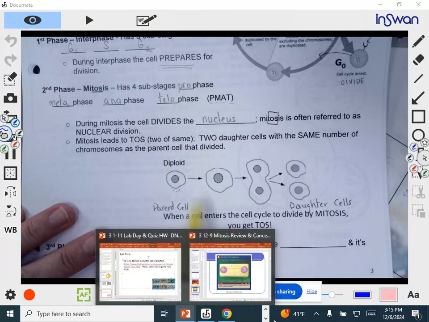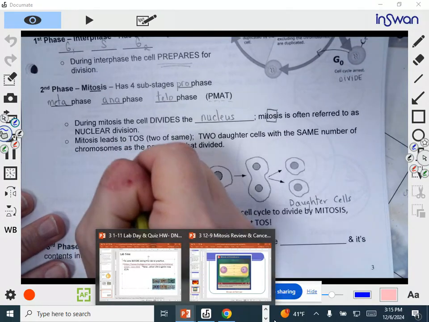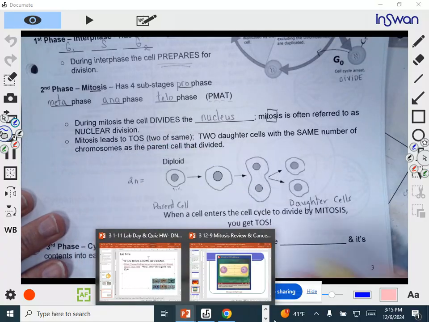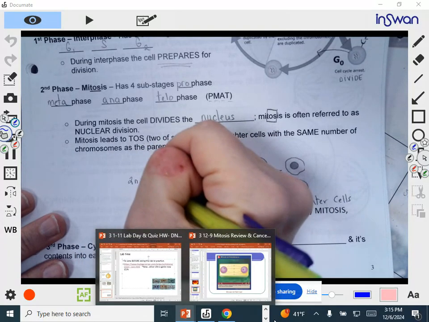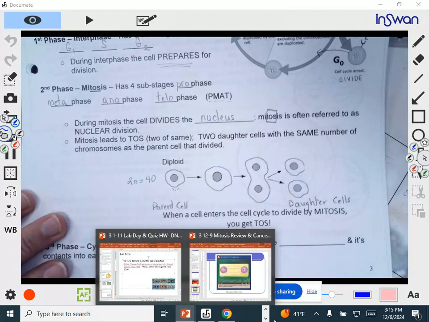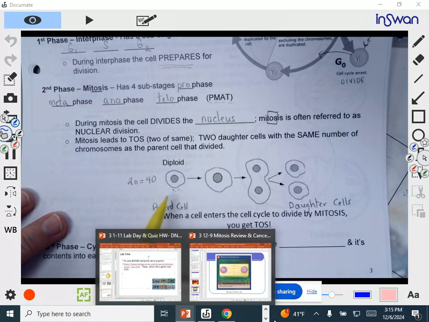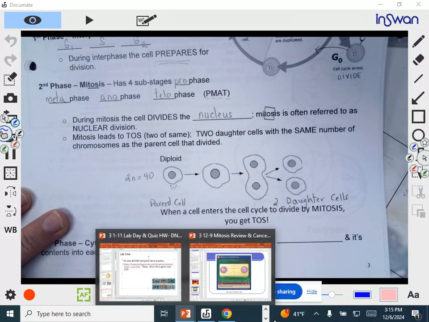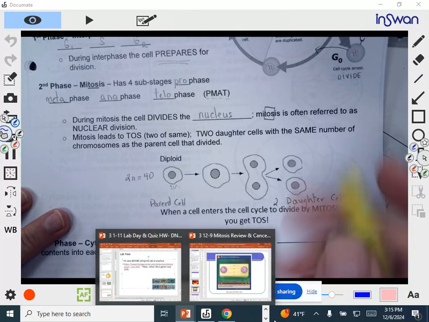So be ready for scenarios where I tell you this is a diploid cell, let's say a species that's diploid and they have 40 chromosomes. If I say this cell divides by mitosis, how many cells do we get at the end? 2. If I ask you how many chromosomes will be in each, it's going to be the same as what it starts.